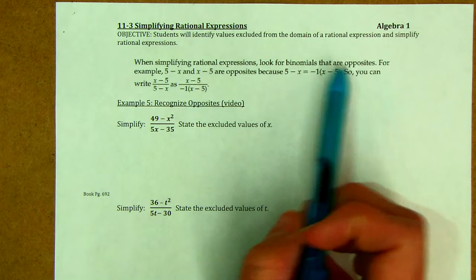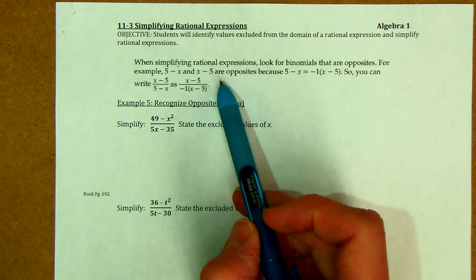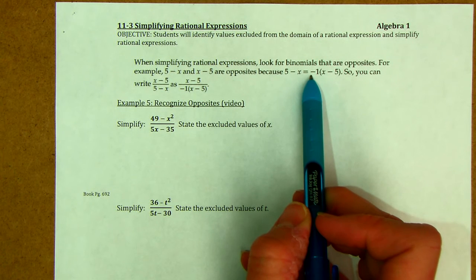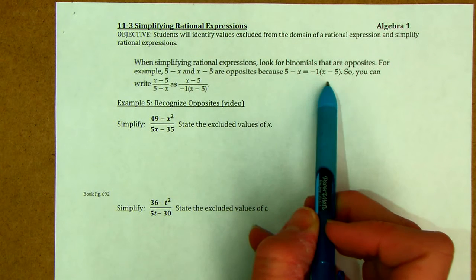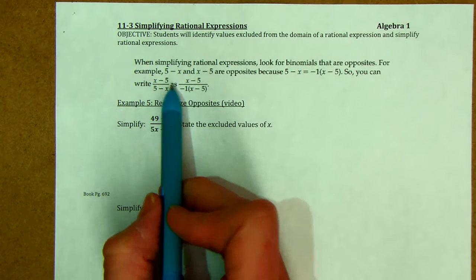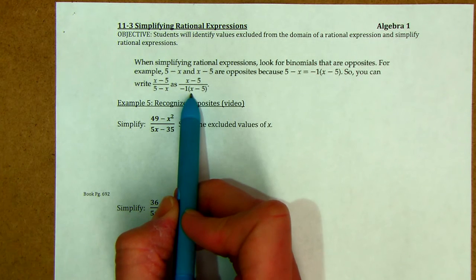So if it's 5 minus x, if you took out a negative 1, that would make the x positive and the 5 negative. So if you have an x minus 5, but a 5 minus x, if you take out a negative 1, check this out right here, taking out a negative 1 out of the denominator, it makes it x minus 5. And so then they cancel, and you'd get negative 1 over negative 1, which would be negative 1.